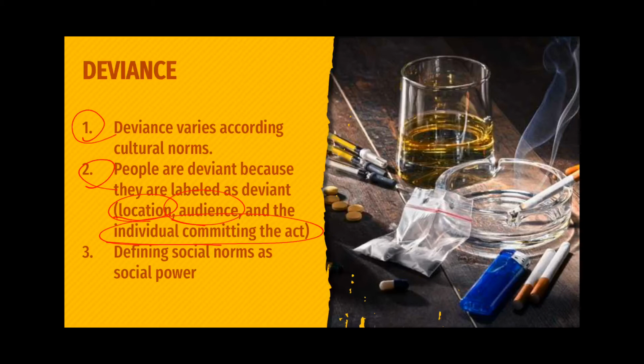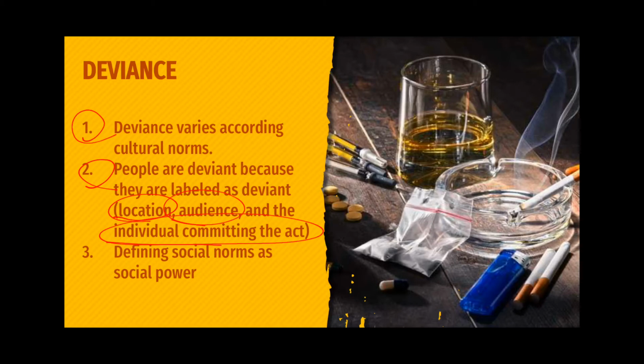But they're the same act of opening up the body, but the individual is sanctioned positively for doing body opening because he has to do it as part of his profession. So the individual committing the act.